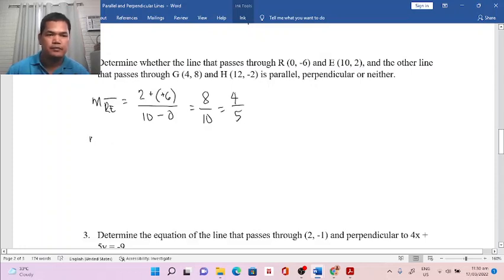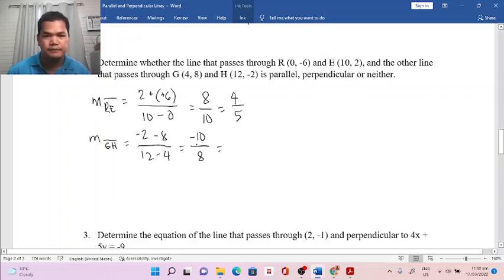Let us compute for the slope of GH. Negative 2 minus 8 over 12 minus 4, which is equal to negative 10 over 8.